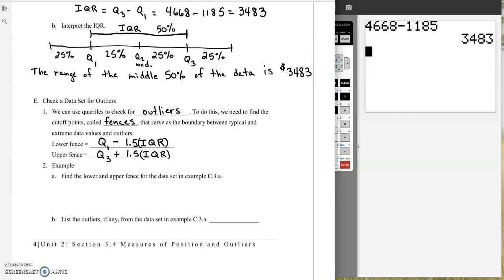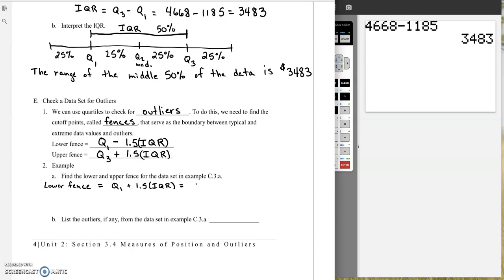For example, let's find the upper and lower fences for this example we've been working on. We know that the lower fence is Q1 minus 1.5 times the interquartile range.